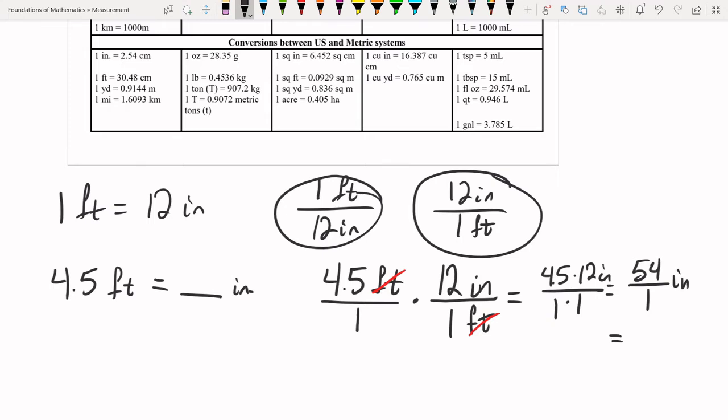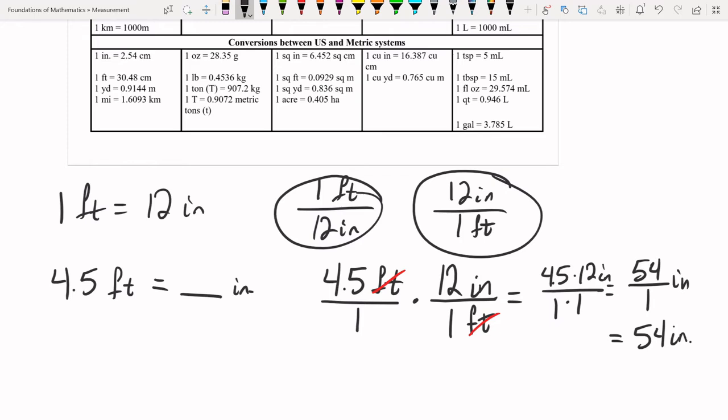That of course just gives you 54 inches. As long as the units end up canceling the way you want them to, if the units look good in the end, that means you've typically done the problem correctly. This is a fantastic way of checking your answers and your work: make sure the units end up correctly, and then you've probably done the multiplication right.